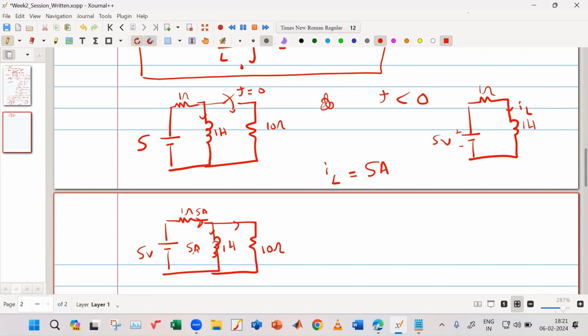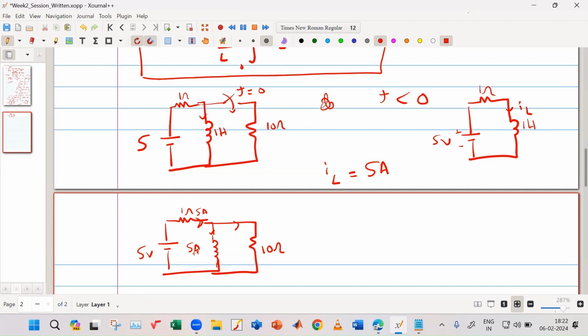So when we are at t equal to 0, the current is flowing through the short circuit path. Current is now 5 ampere.